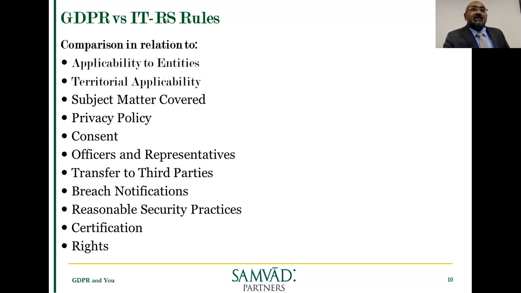So sensitive personal information is supposed to be information that relates to passwords, financial information, health information, sexual orientation, and biometric information. If you've been noticing from Neela's and Nivedita's presentation earlier, this broadly corresponds to what is referred to in the GDPR as special categories of information.